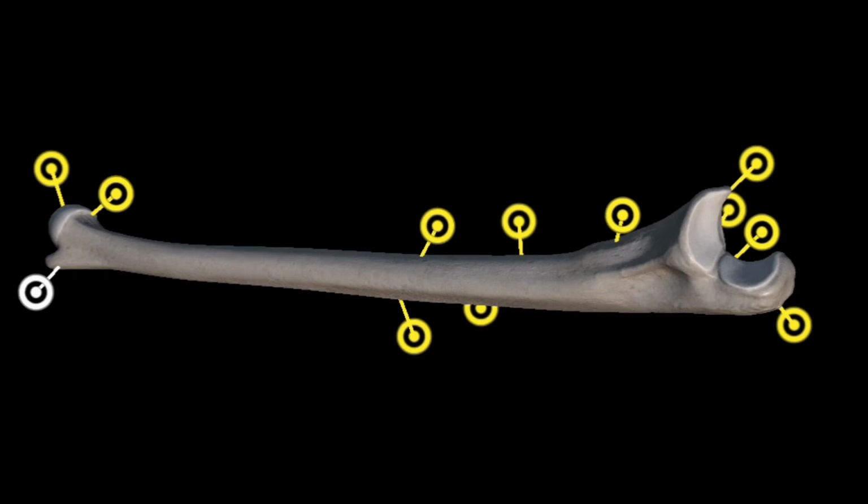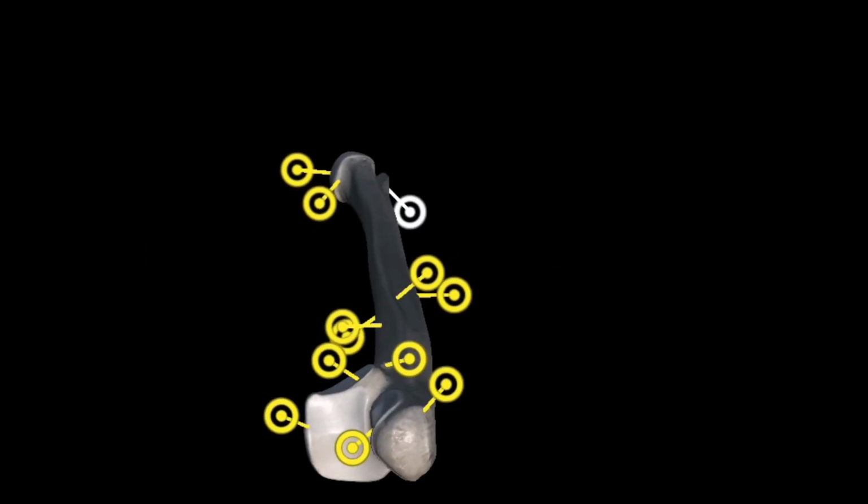Now see the superior view of the ulna. If we see superiorly from the arm to forearm, ulna will be like this. This is the olecranon process. This is the trochlear notch, and here is the coronoid process of the ulna. Here is the radial notch of the ulna.